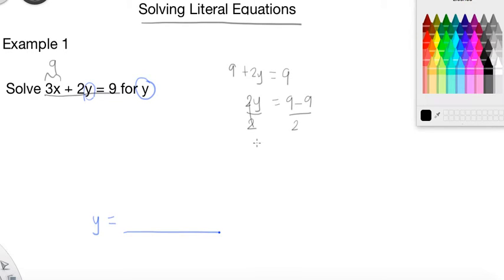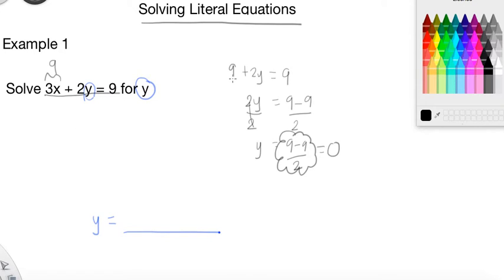And so I would get y is equal to 9 minus 9 over 2, which we would eventually figure out would be equal to 0. Okay? So basically, we're kind of doing this part. We're kind of getting to this part, not simplifying it because we don't know what our x is.